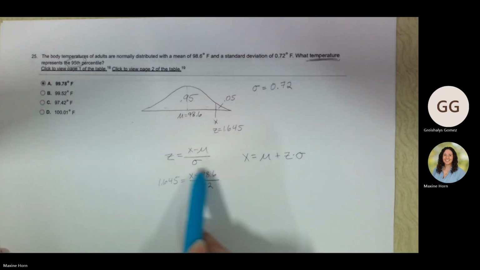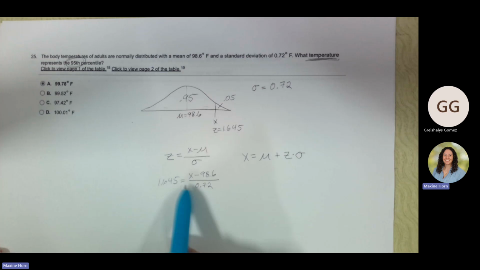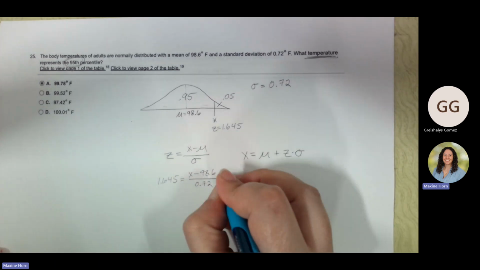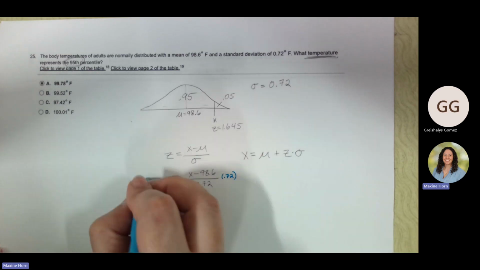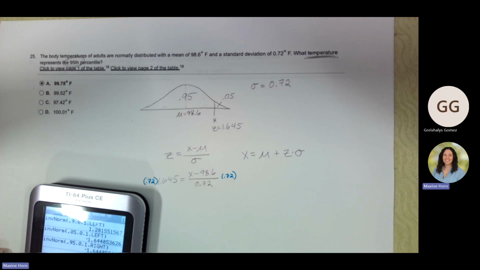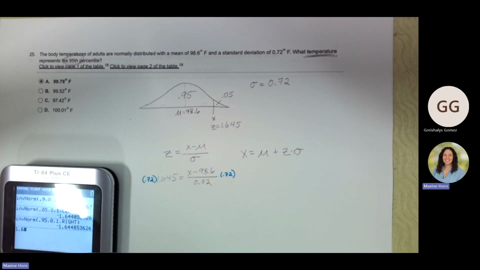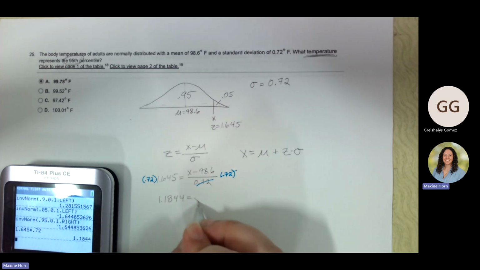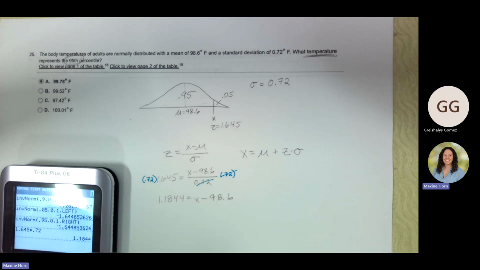So x is having multiple things done to it, subtraction and division. I need to get rid of this division first. To get rid of division, I do the opposite function, which is multiplication. Whatever I do to one side of the equation, I have to do the exact same thing to the other side. So multiplying and dividing by the same thing, they cancel each other out. On the left, I can multiply these together to get 1.1844 equals x minus 98.6.